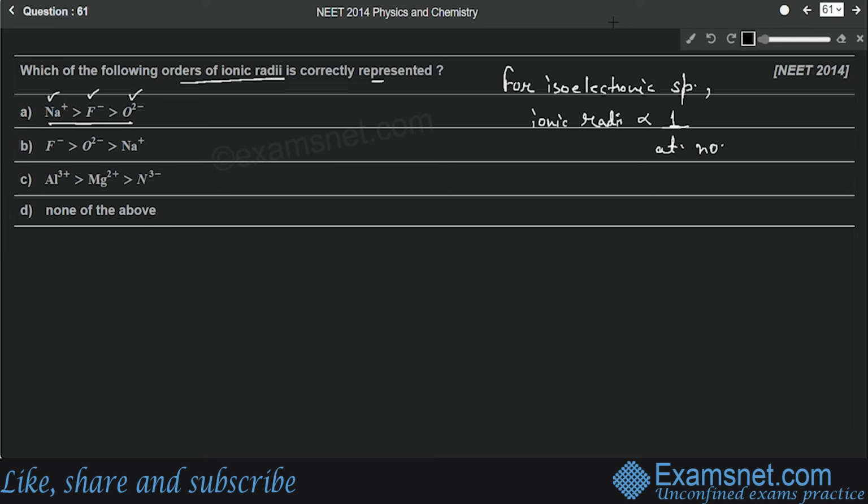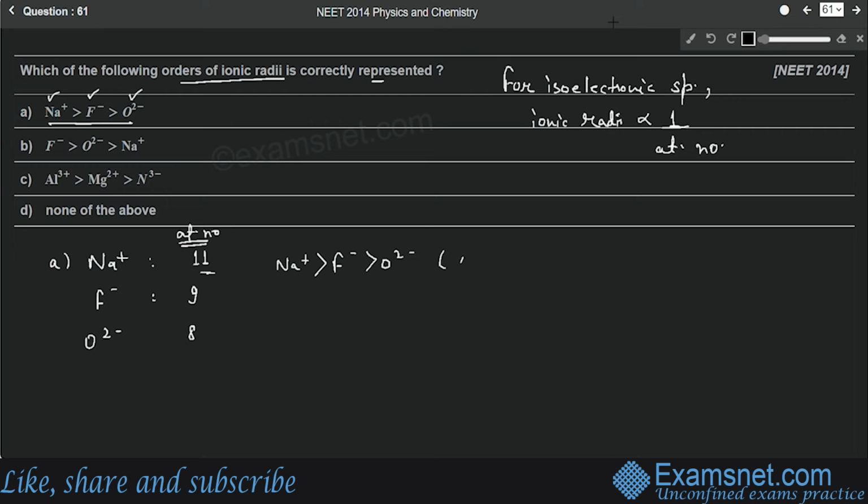Okay, so let's check. In the first option we have Na plus, then F minus and O2 minus. What is the atomic number of sodium? Atomic number of sodium is 11. Okay, atomic number of fluorine is 9 and atomic number of oxygen is 8. Okay, we are talking about the atomic numbers. So what should be the correct order? The maximum atomic number, that means Na plus, then F minus and then O2 minus.